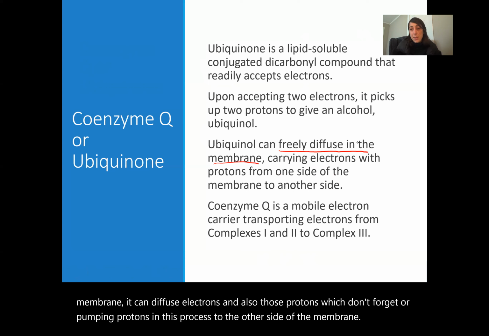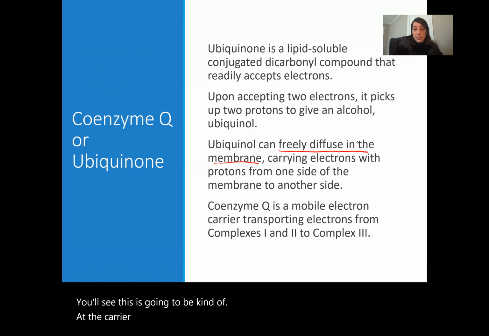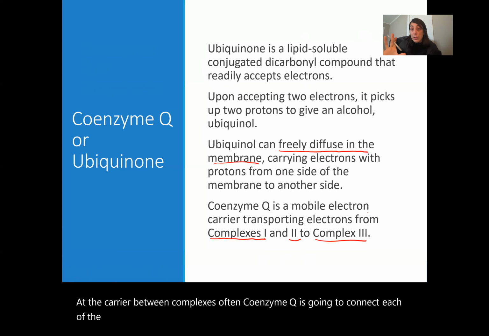You'll see this is going to be like the carrier between complexes. Often coenzyme Q is going to connect each of the complexes that's part of the electron transport chain, moving electrons from complex to complex, kind of like a shuttle.